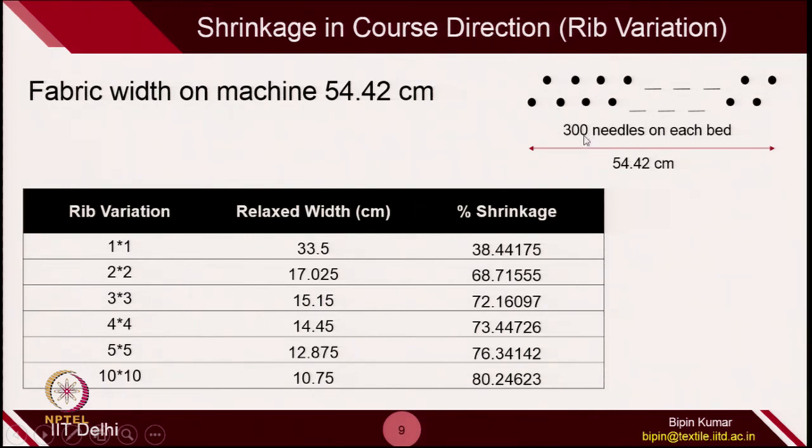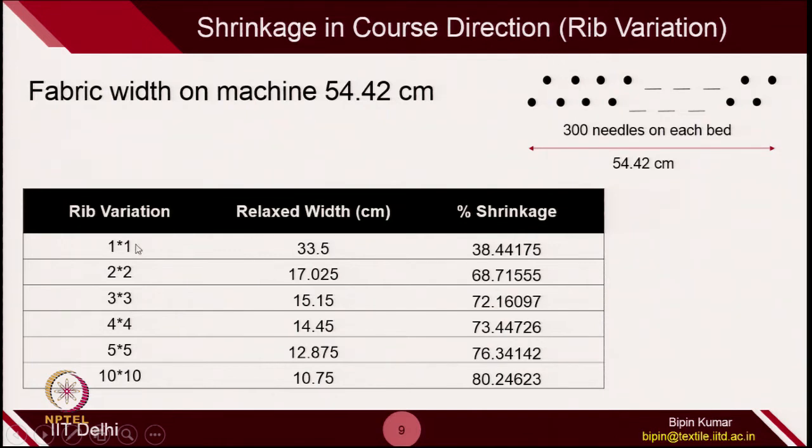So, you multiply 300 into 1 by 14 and then convert it into centimeters. On the machine I tried to create 54.42 centimeters, but in reality, once I made all of these variations, I observed the fabric width reduce significantly.